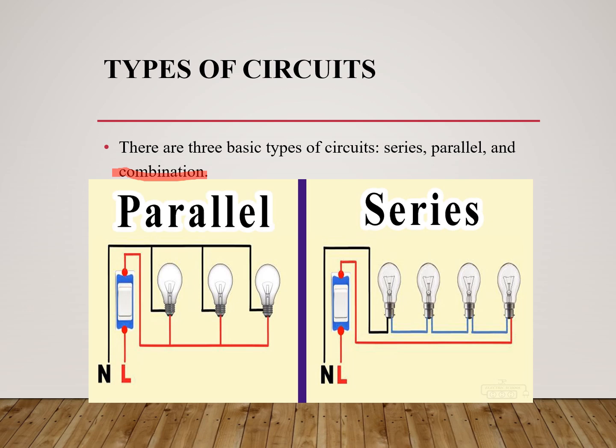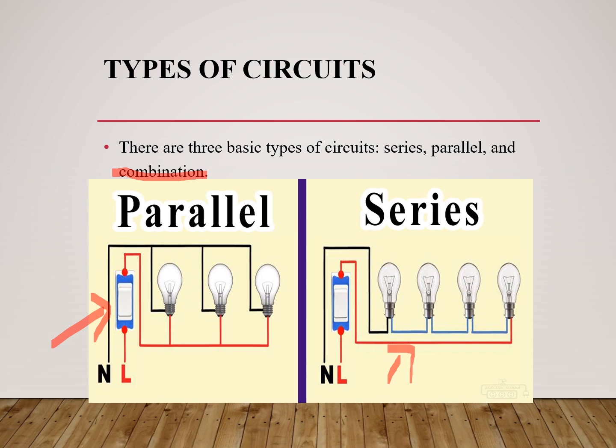Here is a circuit diagram from which we can understand the difference between series and parallel. Here we have different bulbs connected in a parallel connection, and here different bulbs connected in a series connection.